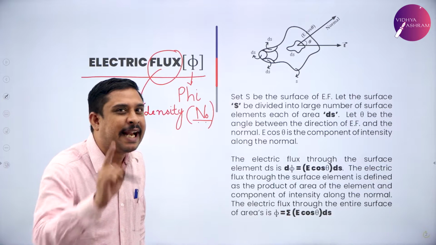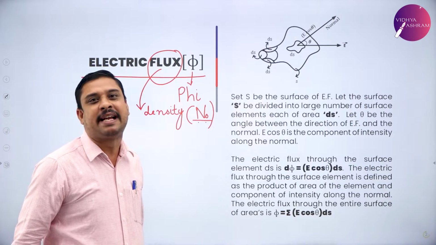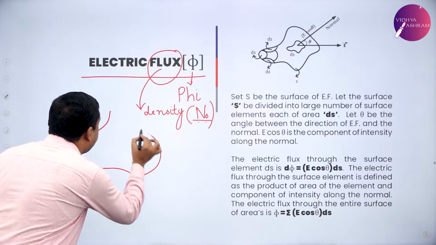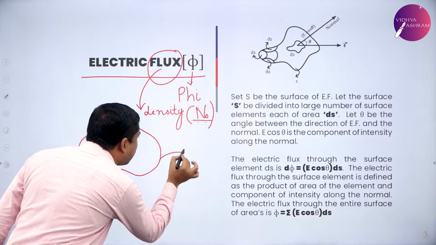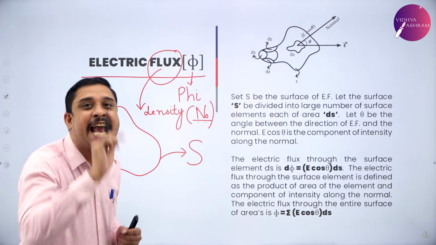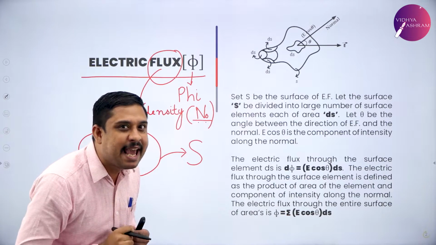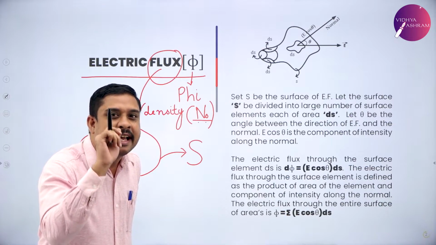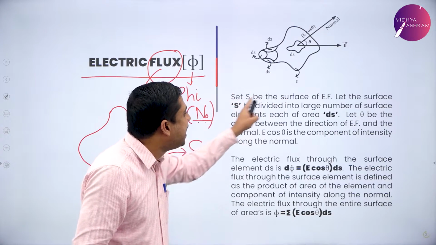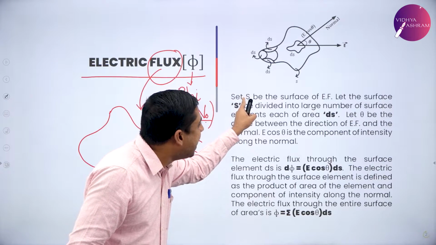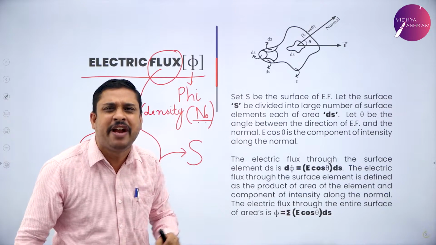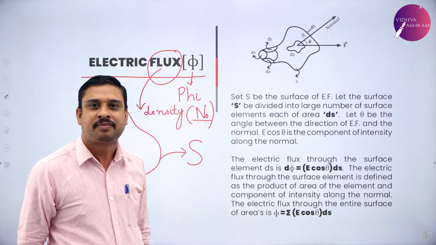So something that has to be related with the electric field. So I consider a surface of the electric field, which I call S. What is S? It is the surface of the electric field. So very clearly I have told, let S be the surface of the electric field. Some electric field.